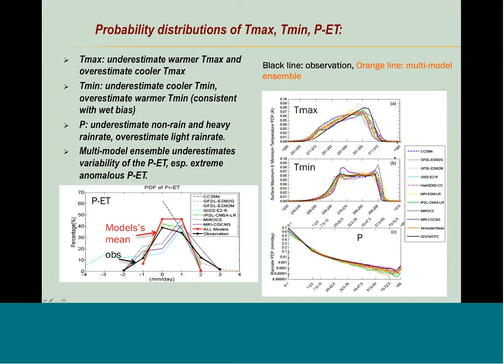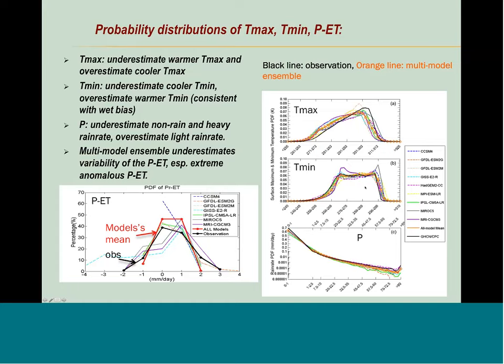The models overall overestimate the warm daily minimum temperature and underestimate the cooler daily minimum temperature. This is consistent with the wet bias shown in the previous slide. And as we all know, models underestimate the extreme rain rate as well as non-raining days, and slightly overestimate the medium rainfall.